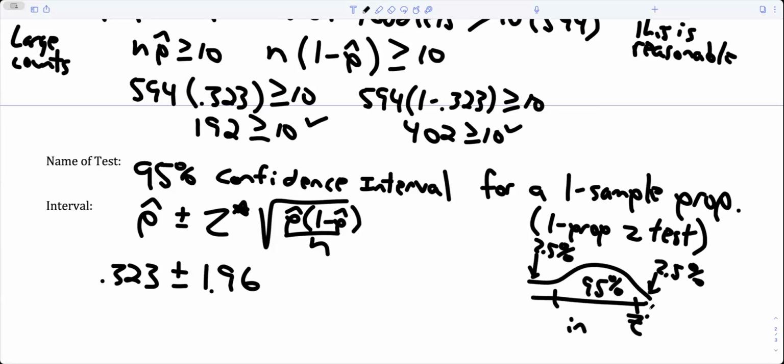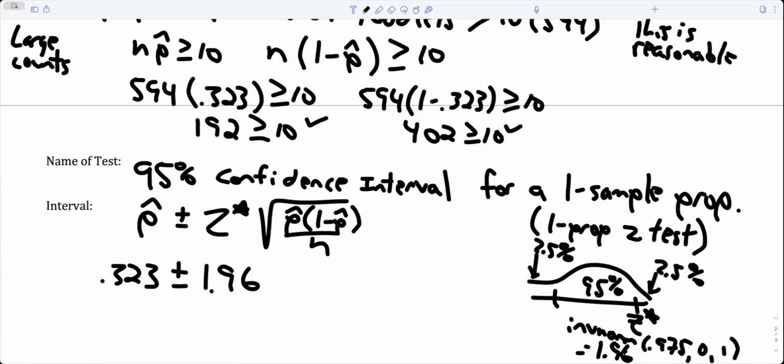So if I want this right here, that's where my Z critical value is. I get all of the area to the left. So that's going to be inverse norm of 0.975, which is 1.96. That's where that comes from.